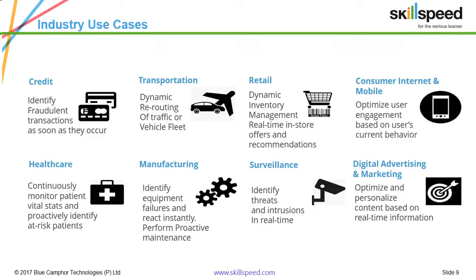This is happening because of Spark Streaming. In real time, the user data is streamed and analyzed, and then a decision is made whether the relevant advertisement should be shown to the user or not. So Spark Streaming has a number of use cases in different industries.